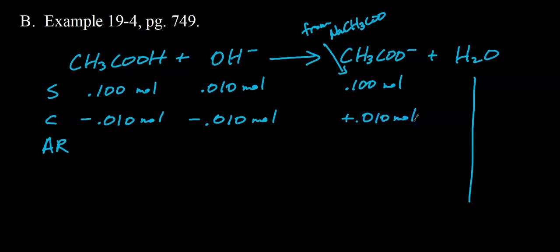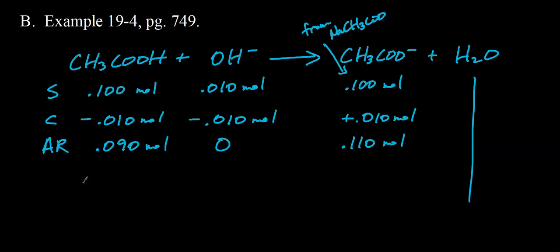All right, so that means after the acetic acid has reacted with the sodium hydroxide, how much acetic acid still remains in the solution? We have 0.090, again, that's moles. We have none of this, of course, and we have 0.110 moles of acetate.